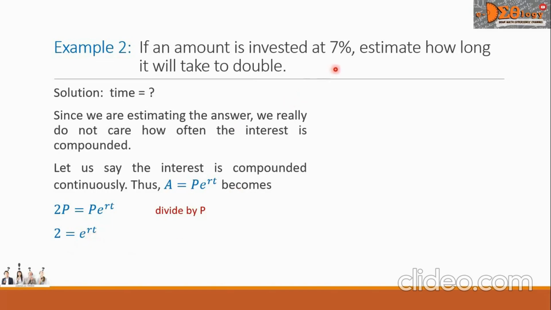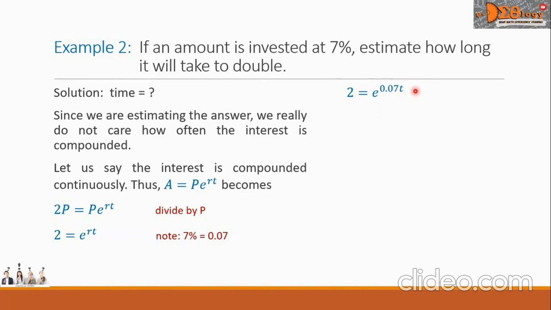In our given here is the rate, which is 7%. And we know that the 7% is equal to 0.07. We can now substitute this decimal for r in our equation. Let us continue on this side. So we can write now 2 equals the constant e raised to the product 0.07 times t. In this case, only the t is the variable.